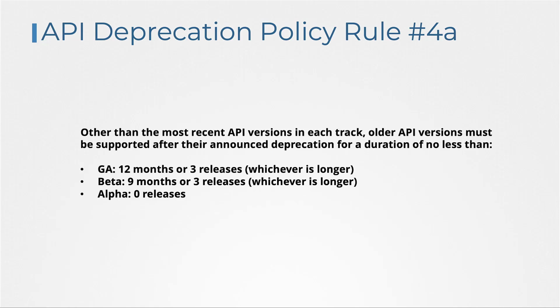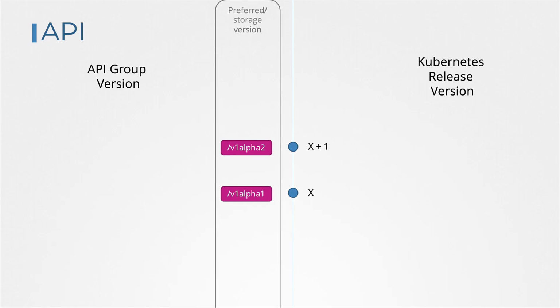This rule states that other than the most recent API versions in each track, older API versions must be supported after their announced deprecation for a duration of no less than 12 months or 3 releases for GA, and 9 months or 3 releases for beta, and 0 releases for alpha. So alpha versions need not be supported for any release, but beta and GA versions, once released, must be supported anywhere from 9 to 12 months. So that's why the release X+1 does not have v1 alpha 1.